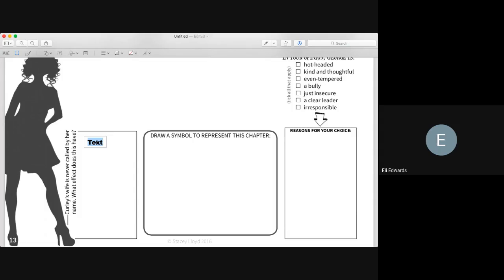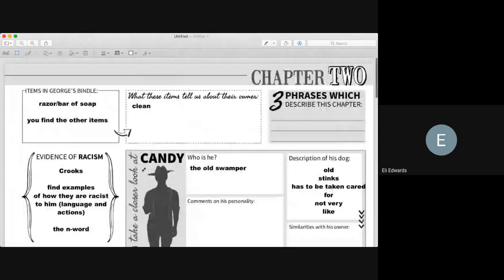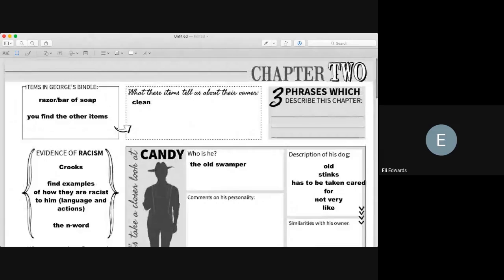It's like in Night, how they would call them by a number instead of their name. It dehumanizes her, and it reinforces the sexism at that time. Women really were treated negatively. That's all you have to do for this chapter. And then, of course, the exit slip is on the daily agenda log.